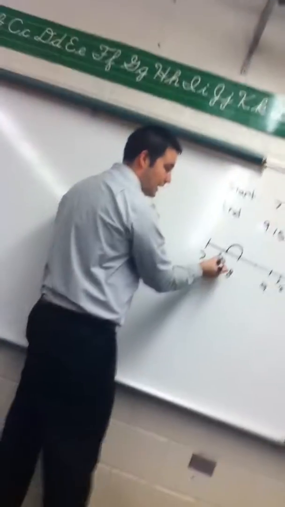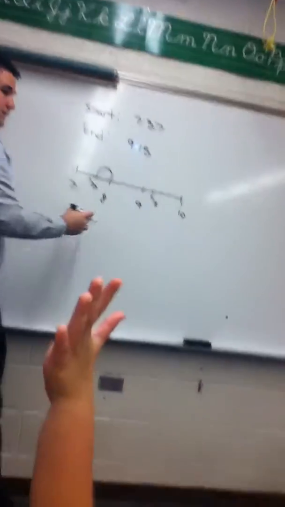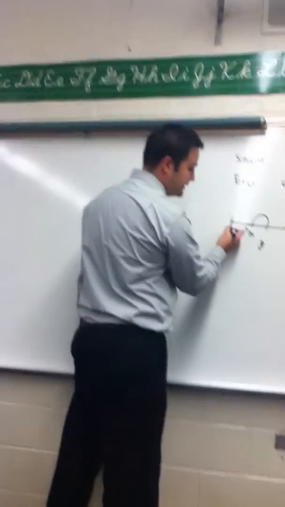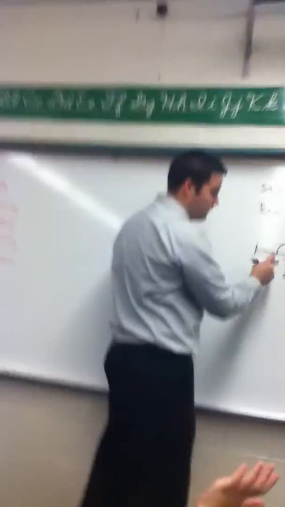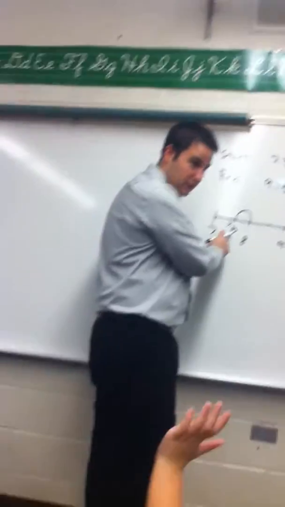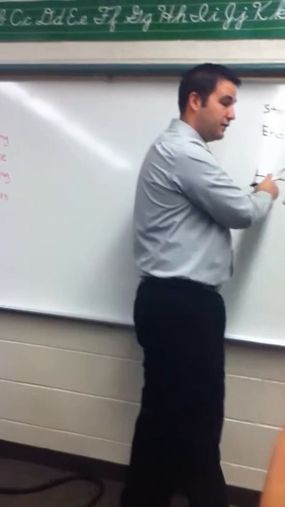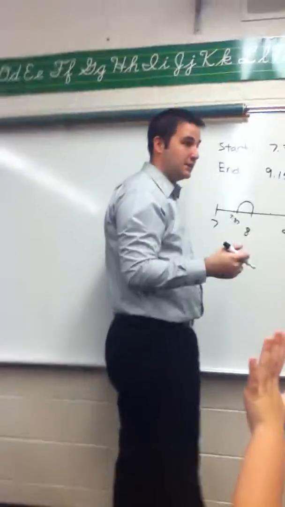Okay, well how much time does it take to get from 37 to 8 o'clock? Well, let's start with what we know. How many minutes are there in an hour? 60. So there's a full 60 minutes from 7 o'clock to 8 o'clock. I've already gone 37. So we need to figure out how many more minutes it will take to get to the full 60 minutes. Well, if you can do it in your head, that's awesome.